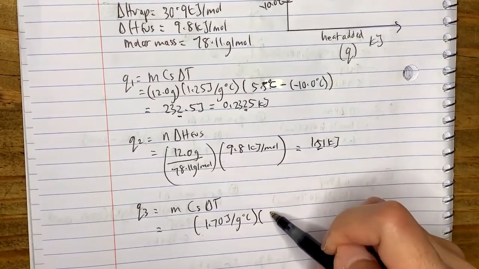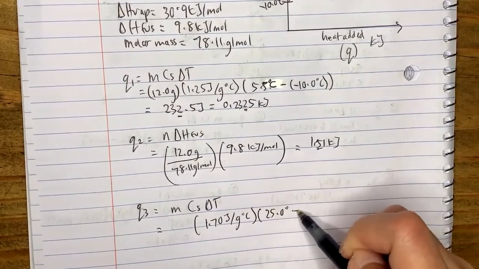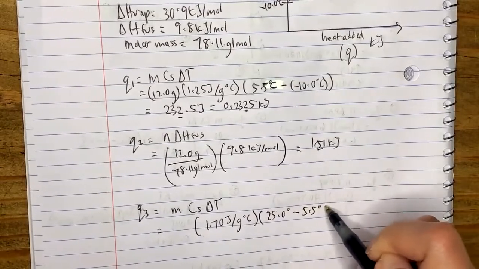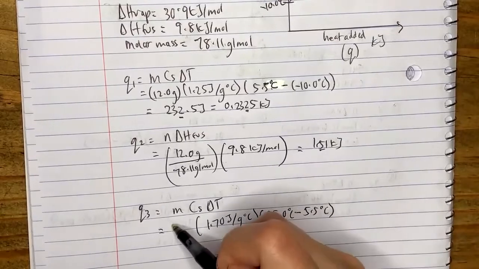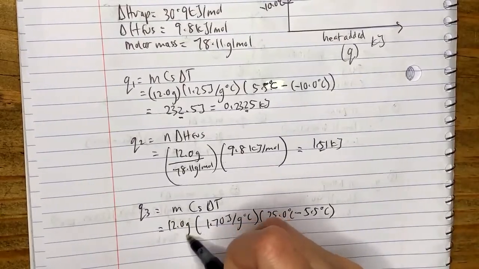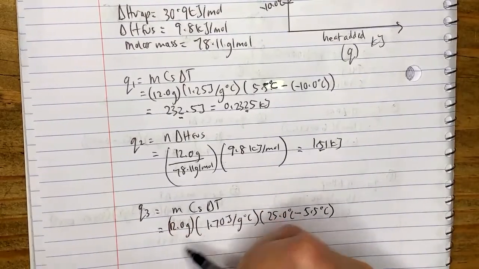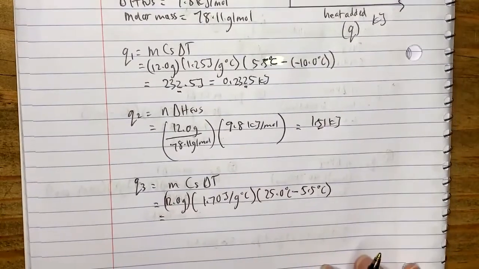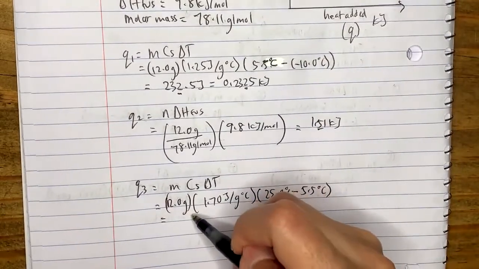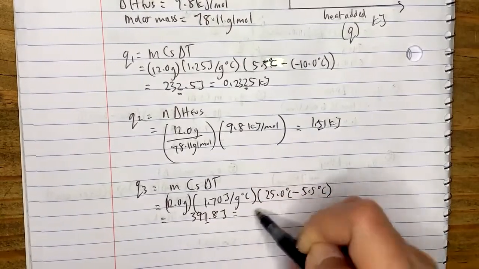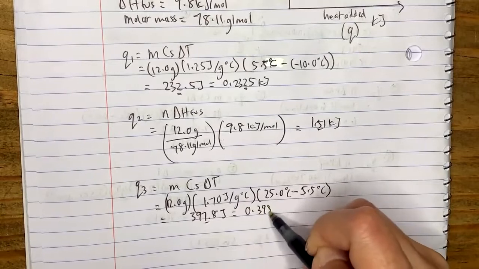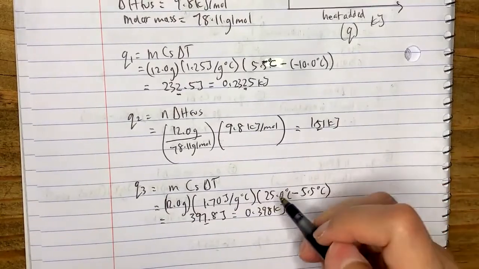My delta T is from 25 degrees Celsius minus 5.5 degrees Celsius. Okay. And then my M here is 12 grams. Okay, so let's put that in together. You get that as 397.8 joules, which is 0.398 kilojoules.